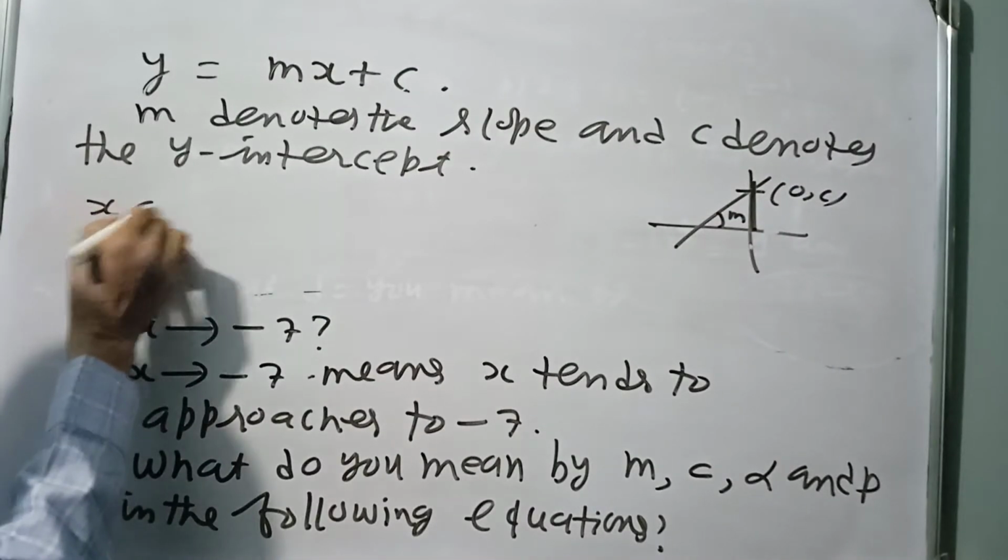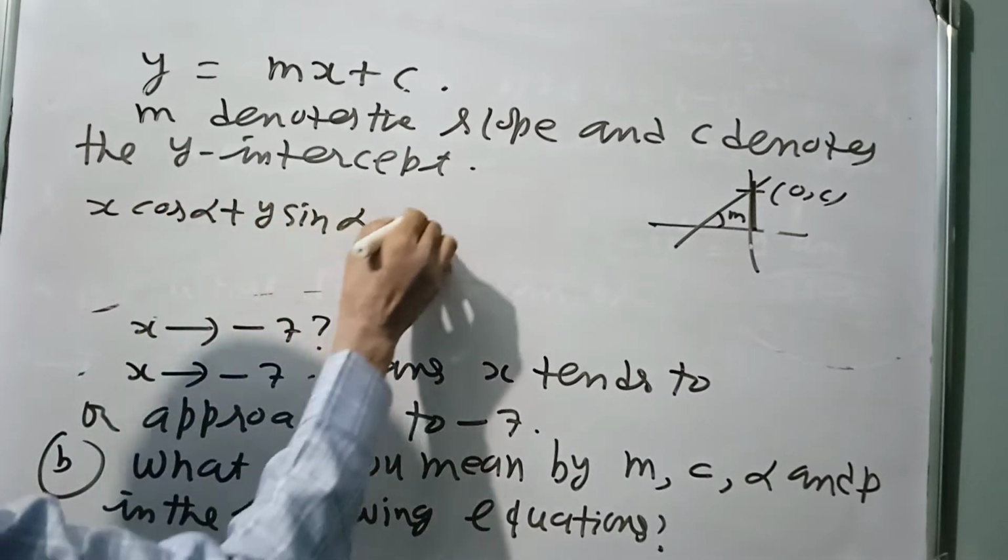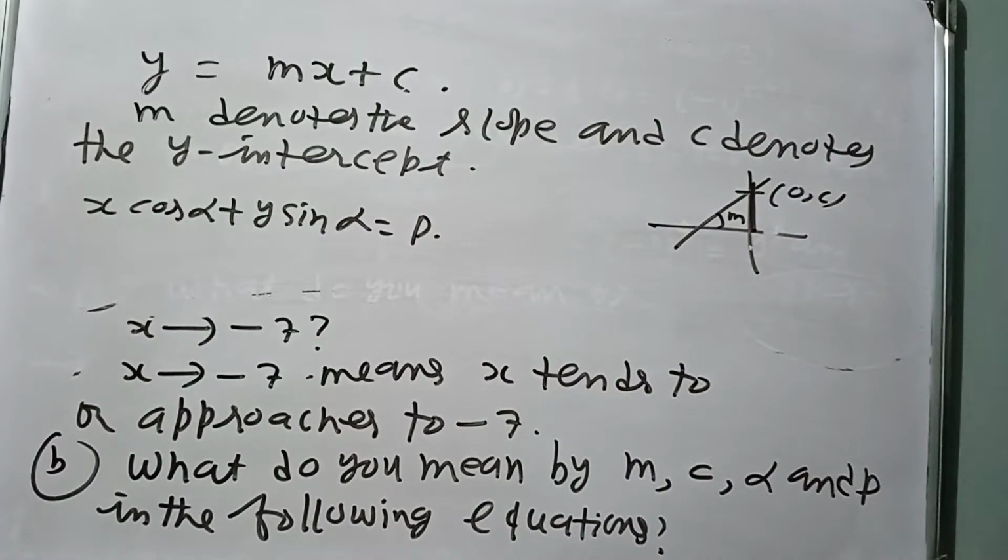In x cos alpha plus y sin alpha equal p, when you put the values, you can easily find out the relationship. X cos alpha plus y sin alpha equal p.